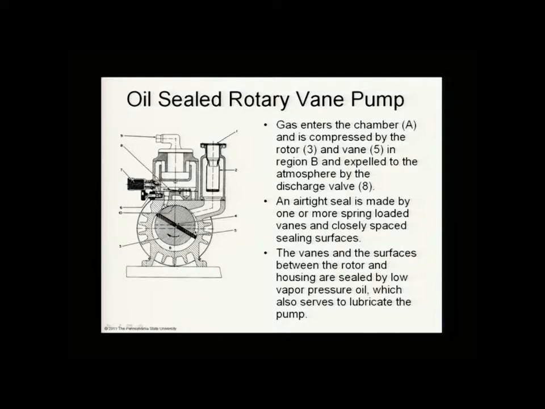So the mechanical pump looks like this, and it's a very simple pump. You can see the vane, the actual pumping is done here, and the gas enters chamber A. Gas enters chamber A, and it's compressed by the rotor.